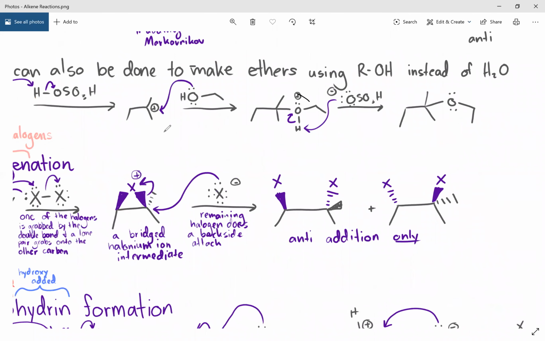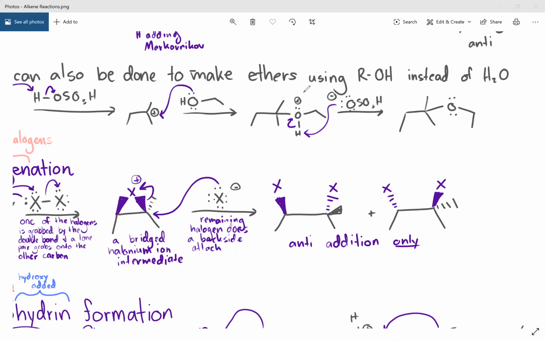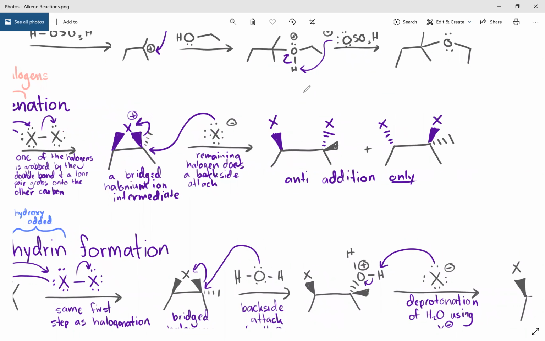So let me erase this really quickly. We can see here that even if the X added to this side, we would end up with the same types of products, because there's going to be one X on either carbon no matter what.